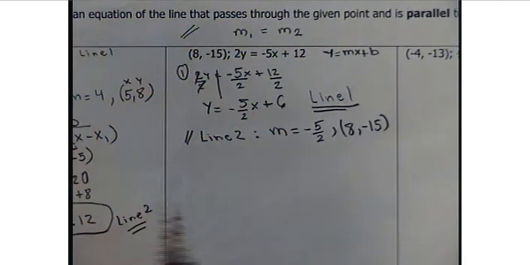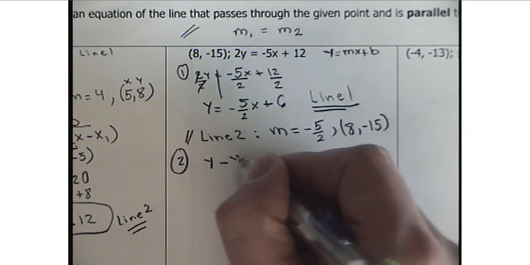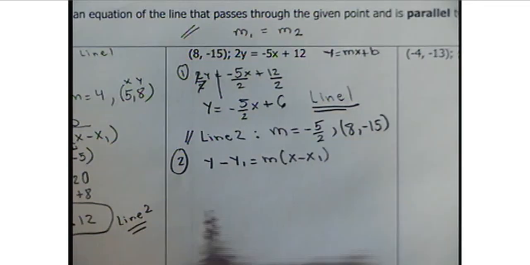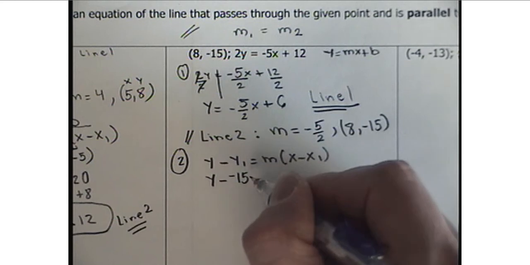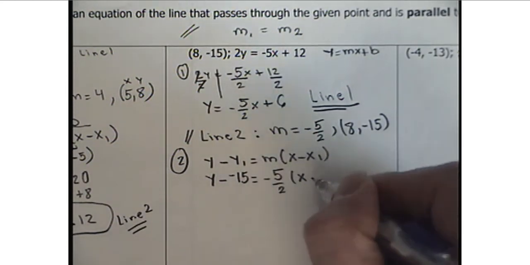So step 2 here will be y minus y1 equals m times x minus x1, and I will substitute y minus y1 as y minus -15, equals the slope -5/2, and then x minus 8.